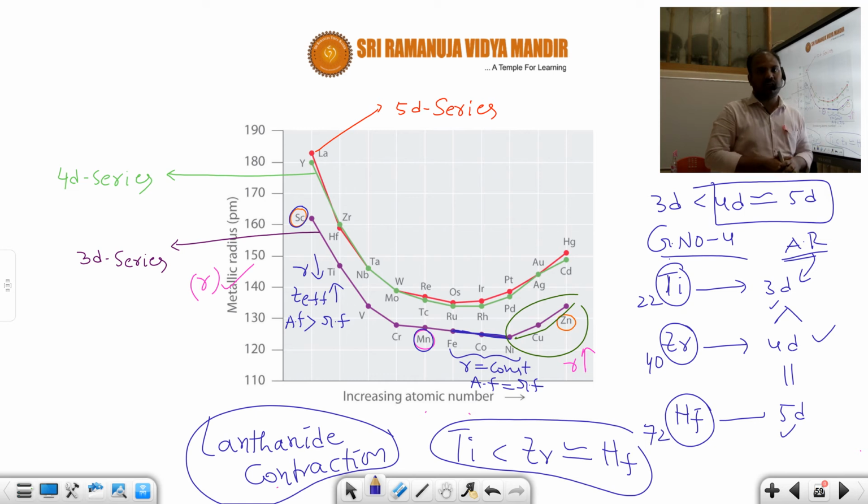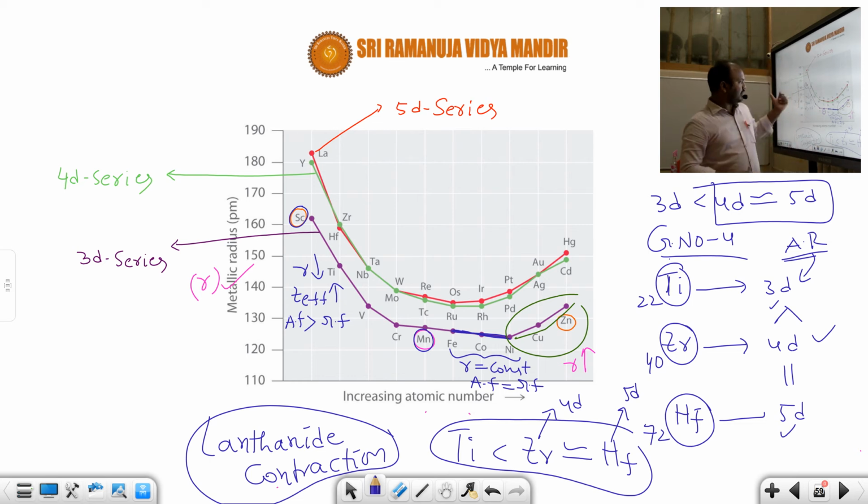It is almost equal to the atomic radius of 4D. That's why zirconium, 4D, and hafnium, 5D, have almost similar atomic radius due to lanthanide contraction. This is another exception in atomic radius values.